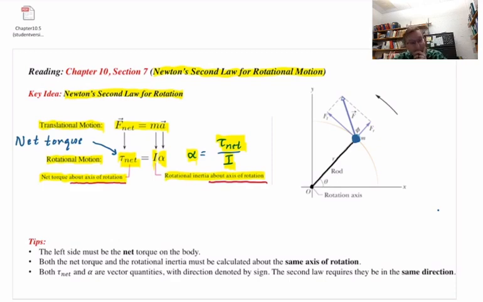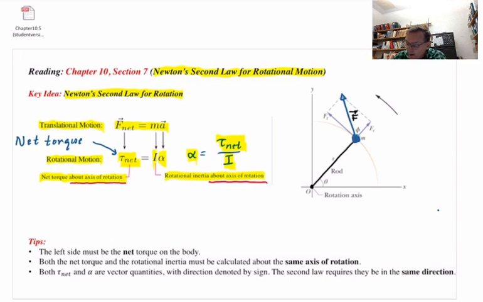And let's say what I want to do is to get the disk to rotate counterclockwise and speed up. I'm going to contrive that by adding my own applied force. I'm going to pull on that disk in that direction with an applied force F. And I contend that that will cause the disk to rotate counterclockwise and speed up.